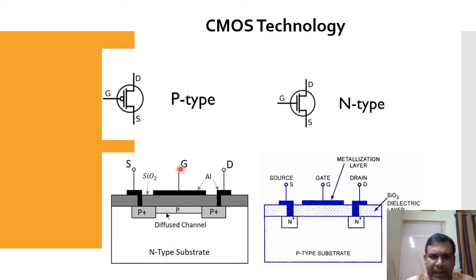In between the gate and the substrate material, there is a thick layer. That layer is silicon dioxide. So it looks like a parallel plate capacitor. In the concept of a parallel plate capacitor, I think all of you know, there is one metal terminal and another metal terminal, metal 1 and metal 2.